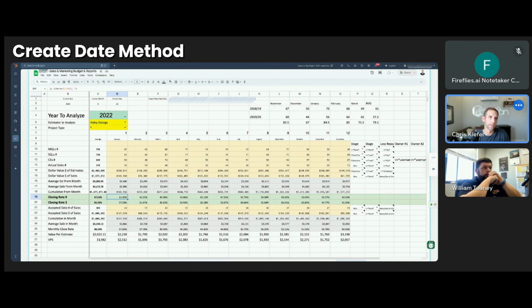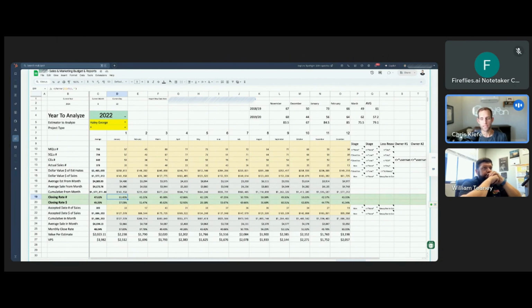So if you want to look at what's our close rate on all deals that were created in January, regardless of when we close them, what is it? And compare that to what's our close rate of deals that we created in June. You're going to find that number also varies when you look at months in the past, because you need to give it time for things to close.